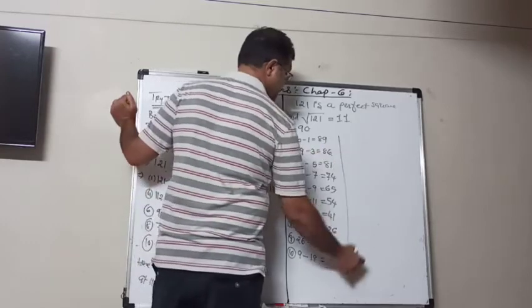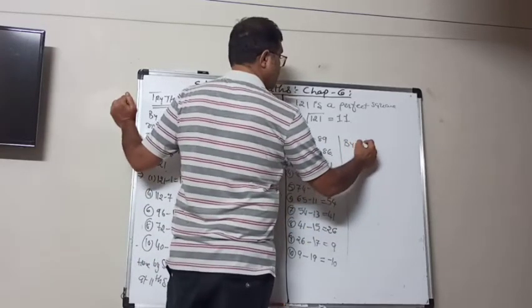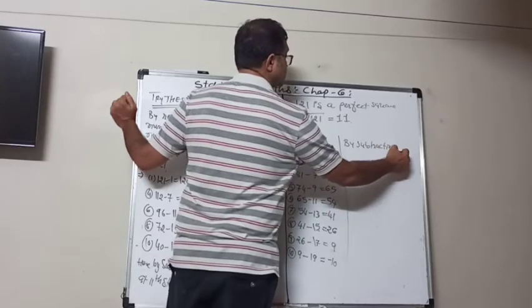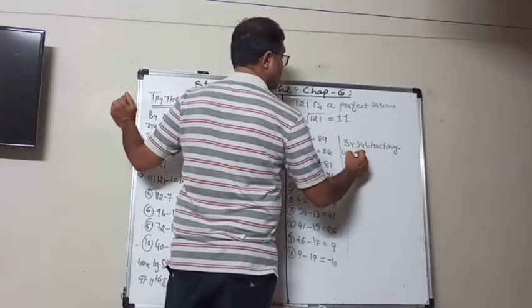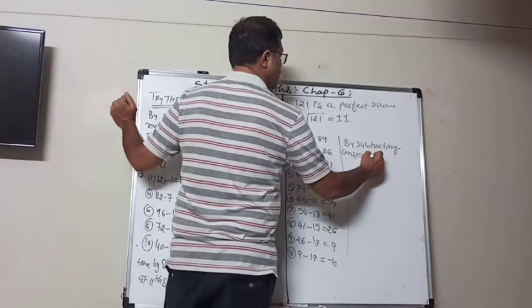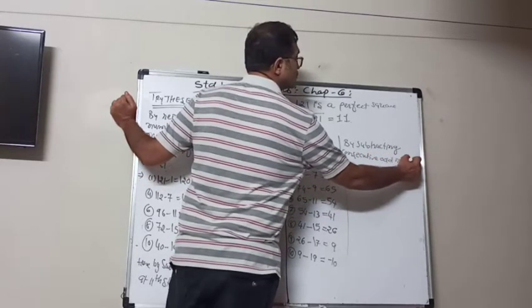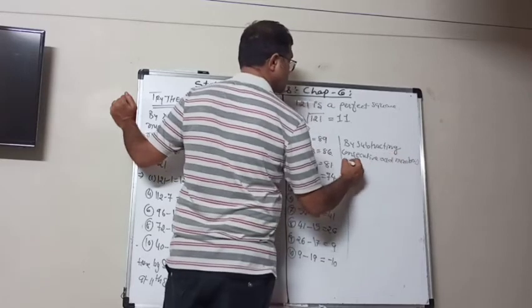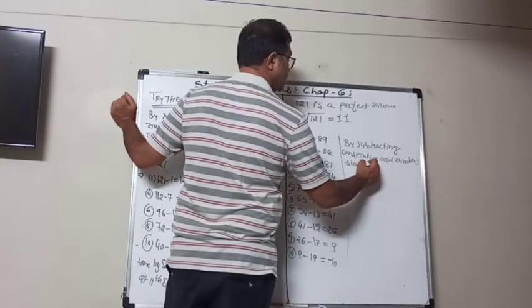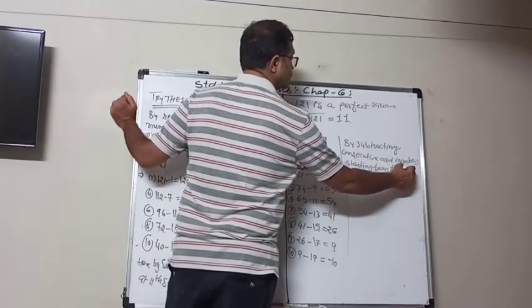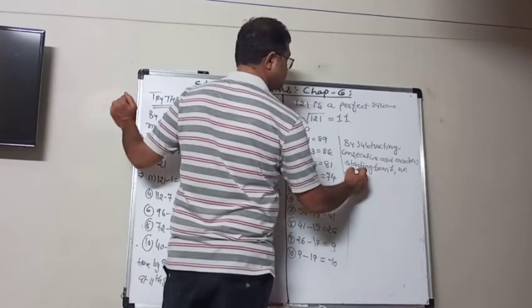So here, by subtracting consecutive odd numbers starting from 1, we do not get 0.